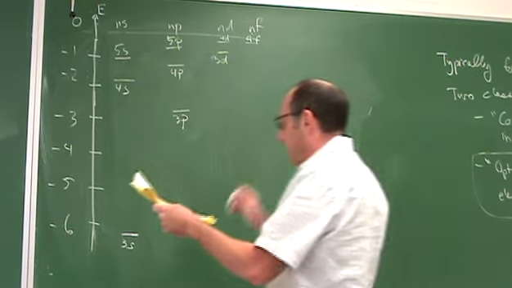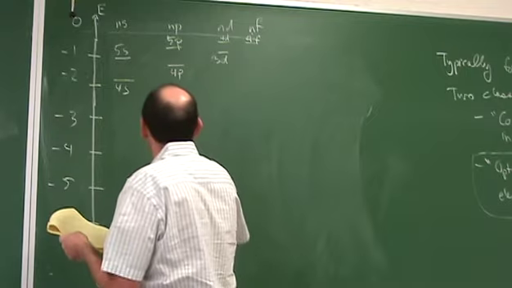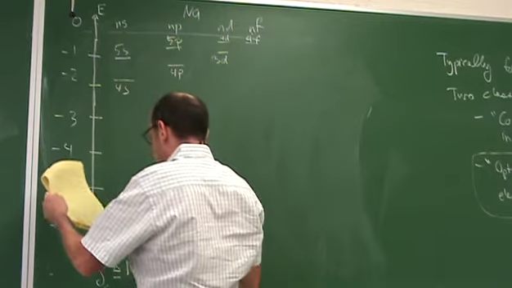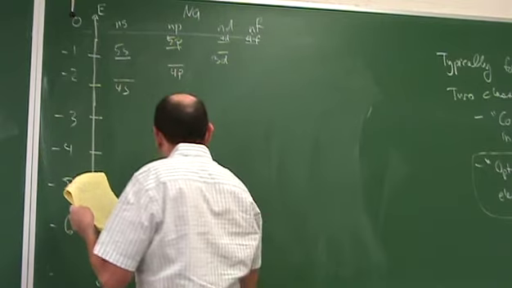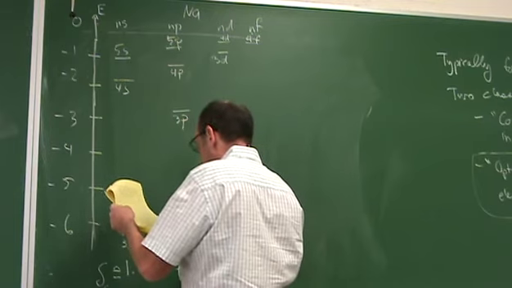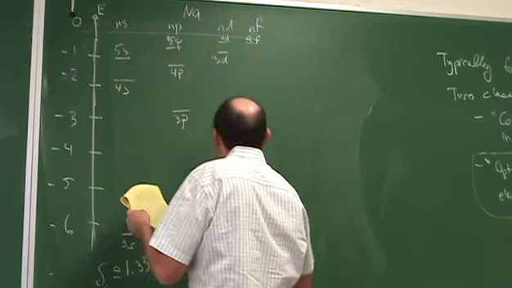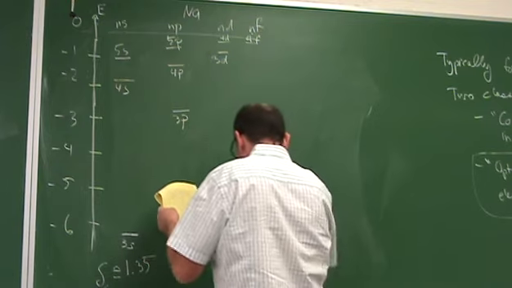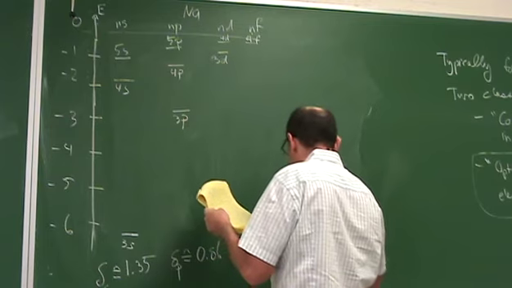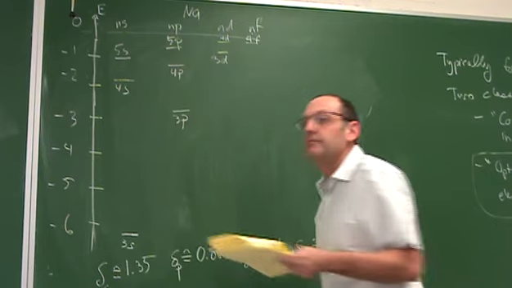So for this case, the quantum defect for sodium, this is for sodium, for the S states, it's about 1.35. For the P states, it's 0.86. For the D states, it's approximately 0.001. And for L greater than 2, it's approximately 0.